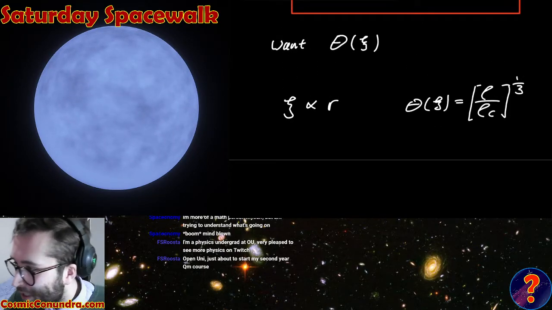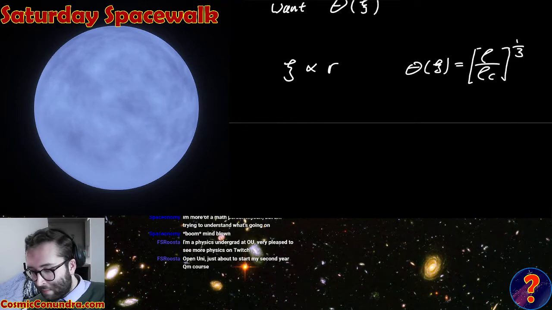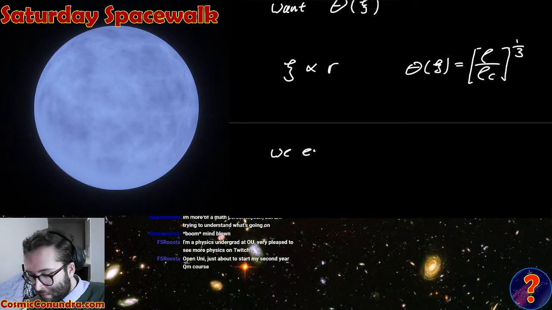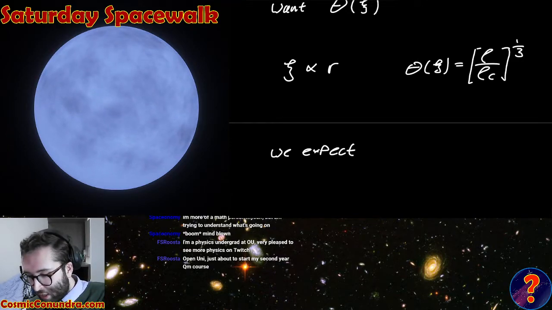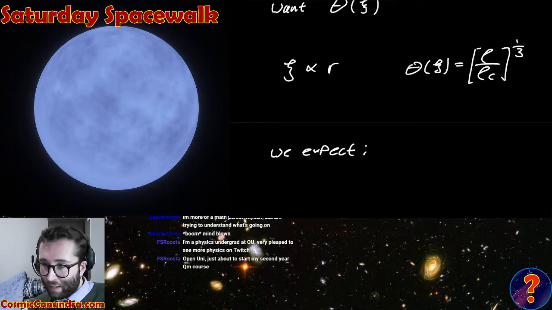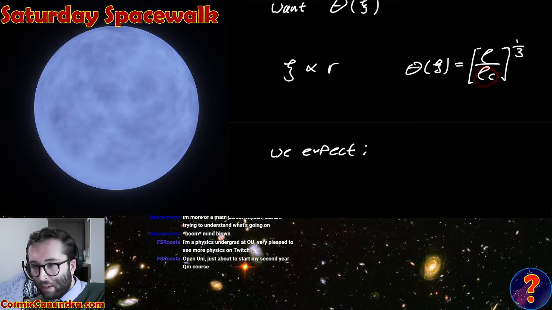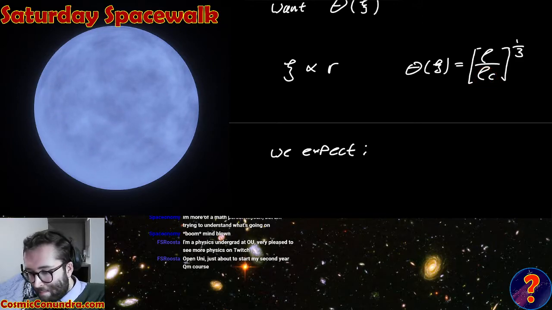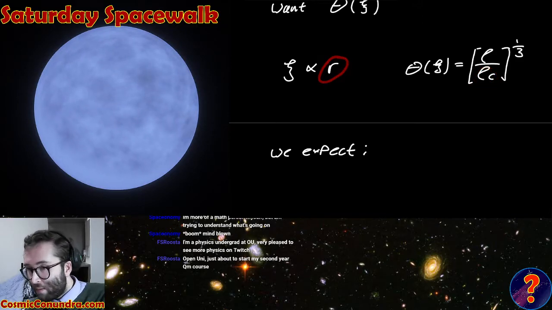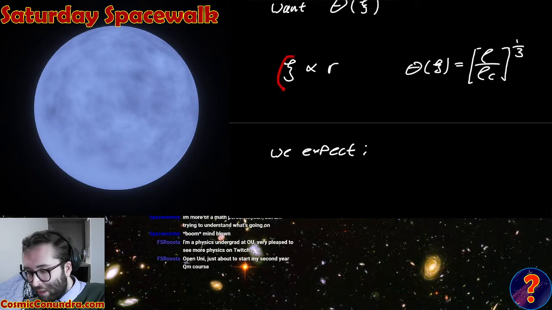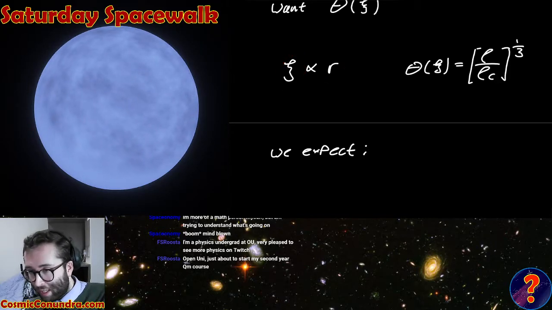So how do we expect this thing to look? Well, we expect, first of all, that of course the density at the core that we've defined as rho c, well, if you're at r equals 0, that is also meaning you're at xi equals 0.